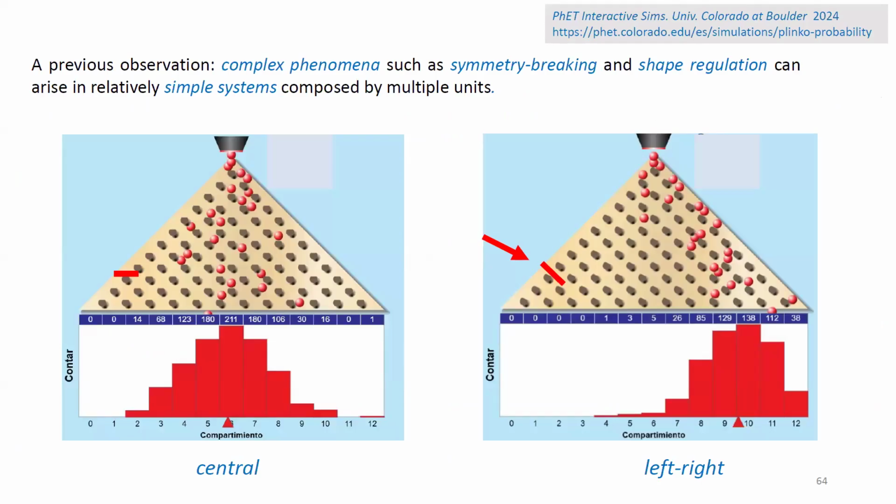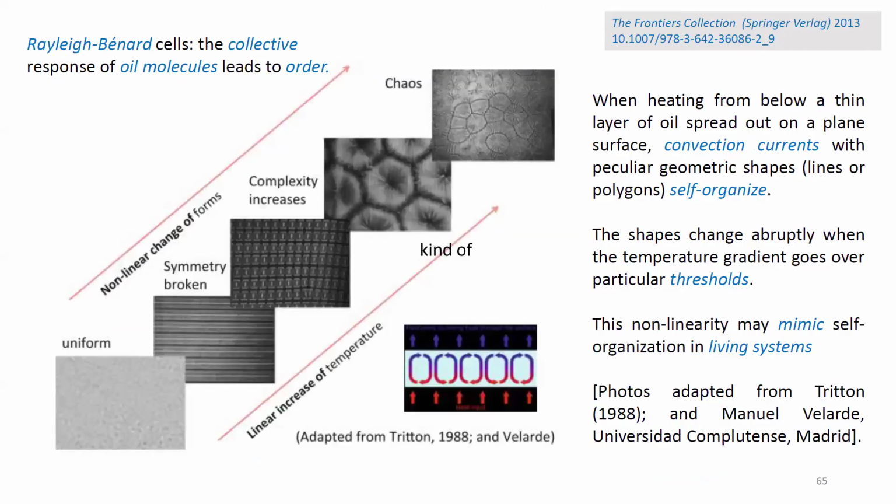First, it is clear that complex phenomena in physics, such as symmetry breaking and shape regulation, can arise in relatively simple systems when you have multiple units interacting in the system. This is a trivial left-right establishment. Another, not so trivial, is the case of the Rayleigh-Bénard convection cells. These structures are found when you increase a thermal gradient, a temperature difference, over a given threshold.